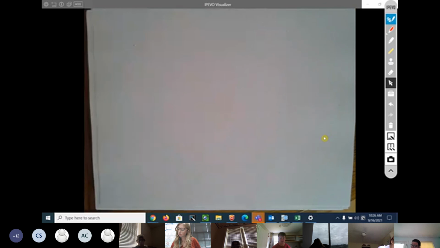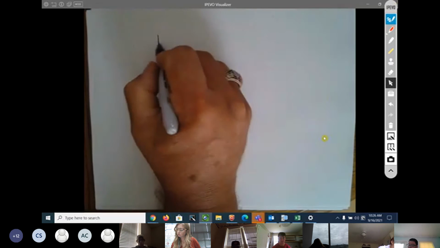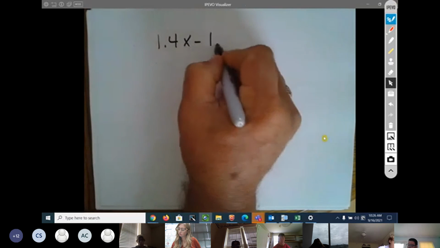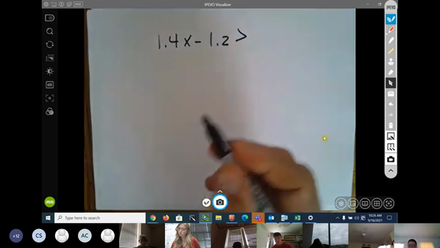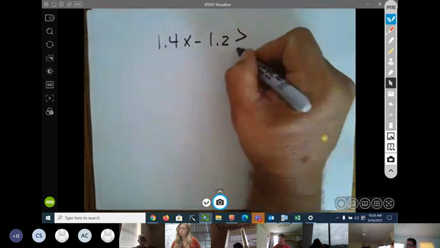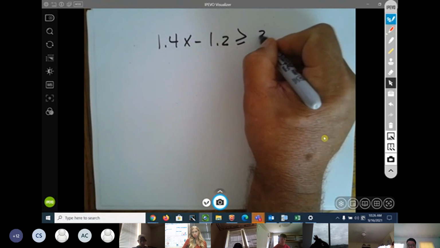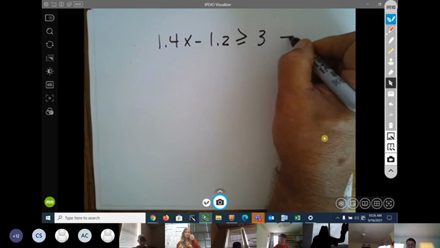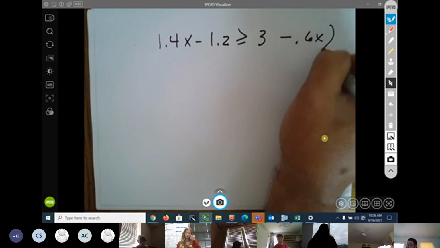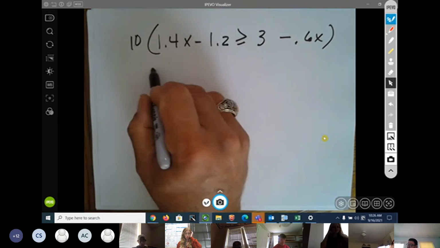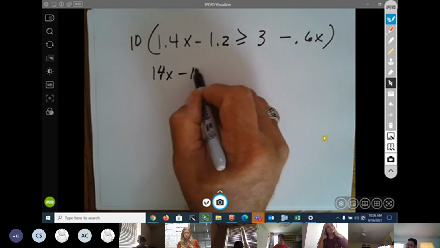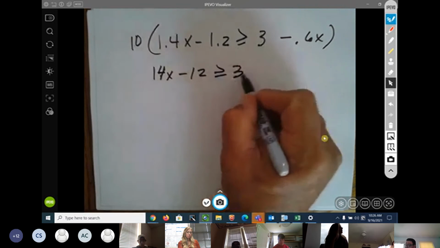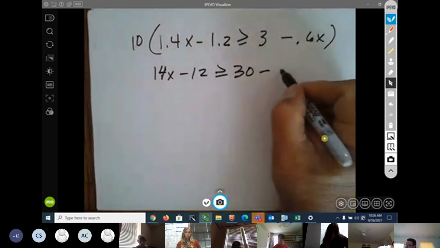1.4x minus 1.2. Oh, I see it. I already see it. I know where I went wrong. That 3 is supposed to be a 30, minus 0.6x, multiplied by 10: 14x minus 12 is 30 minus 6x.